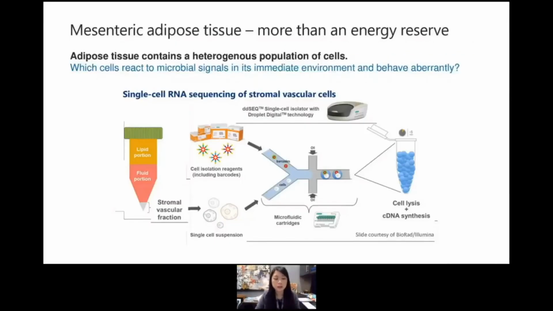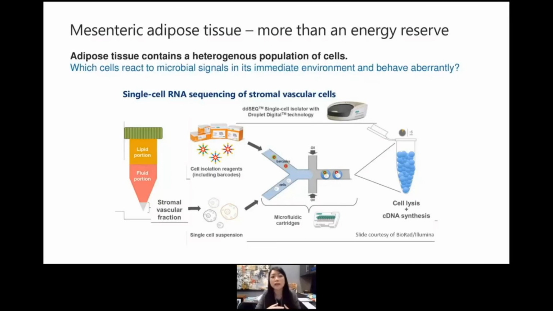And now that we've characterized the microbial signatures and we found a really good candidate that might be contributing to disease development. But what about the host sites? Now, the mesenteric fat, it is an adipose tissue, and most people tend to think that fat tissue is just an energy storage compartment.